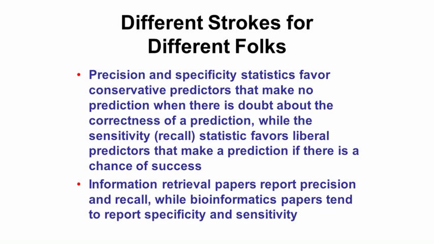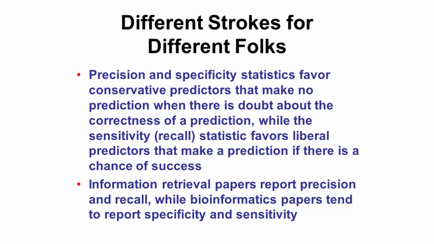So again, there's different types of terminology that people will use. In the case of computing science, they typically report precision and recall, while in the world of biology and bioinformatics, people report specificity and sensitivity, and that's usually also consistent with a lot of biomedical conditions.